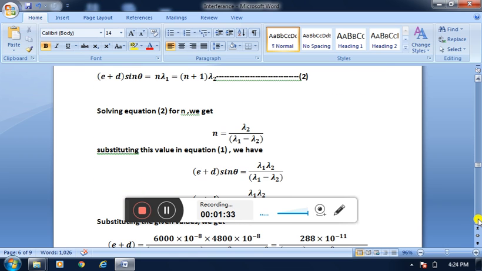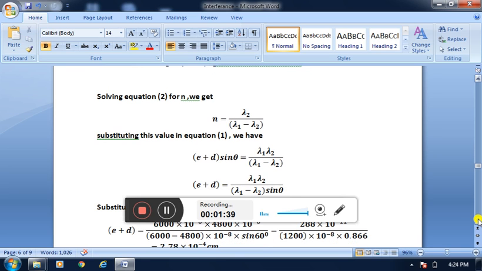Substituting this value of n in the above equation, we get (e plus d) sin theta is equal to lambda 1 lambda 2 upon lambda 1 minus lambda 2. Then e plus d is equal to lambda 1 lambda 2 upon (lambda 1 minus lambda 2) sin theta.